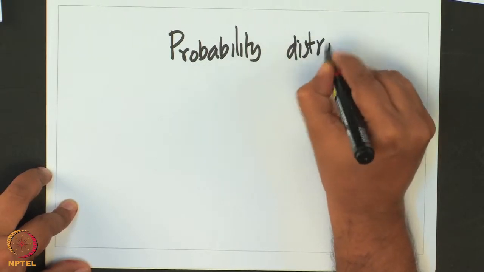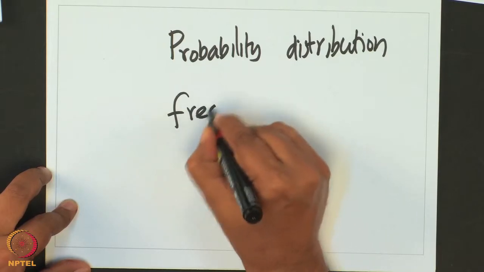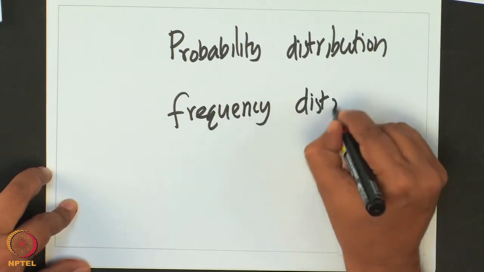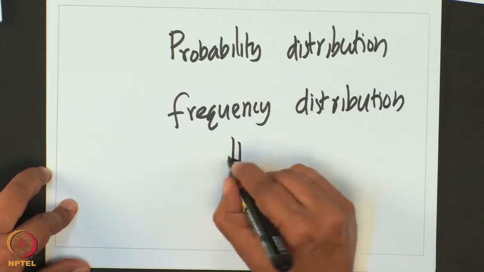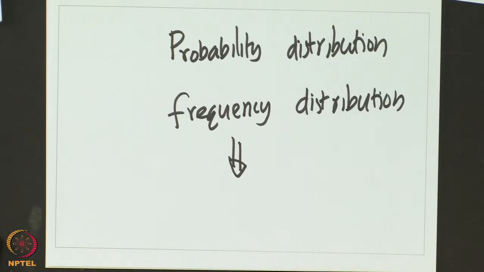This is another thing we will discuss, how these numbers are distributed between some range of our interest.